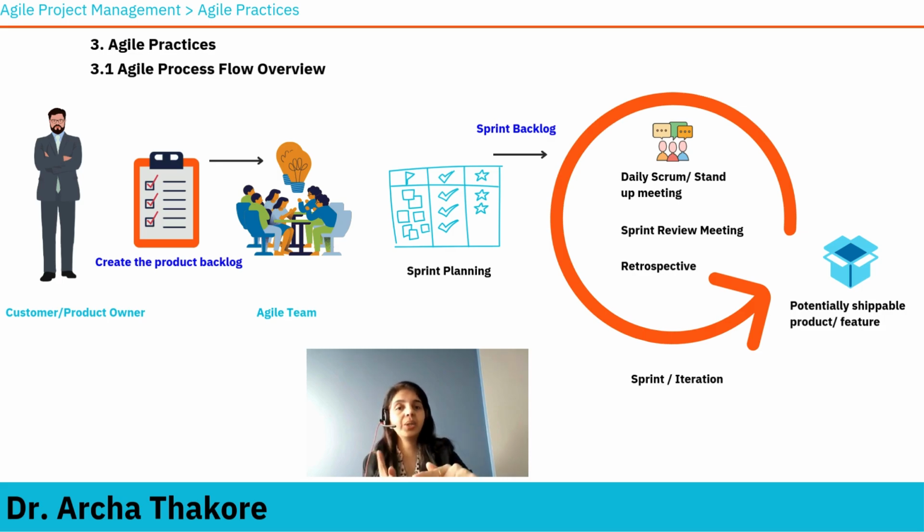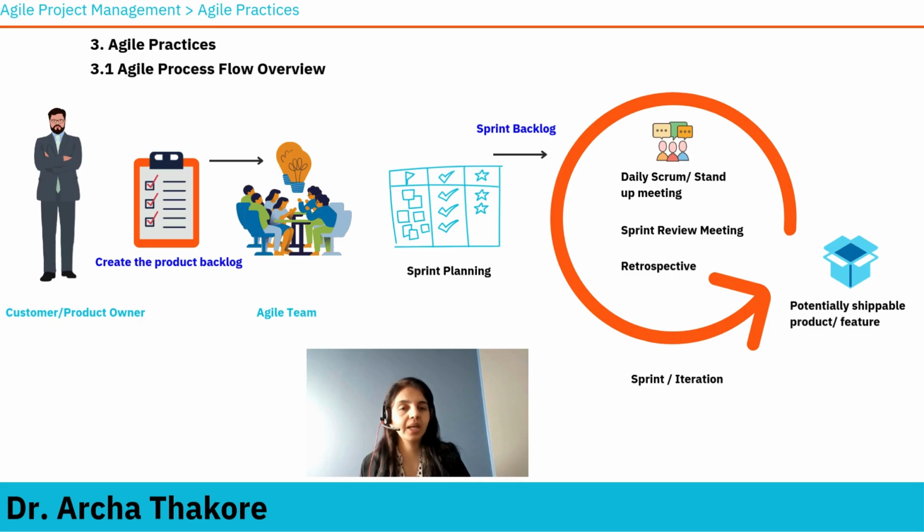Then from that 20, the team decided, okay, in our first time box, which is sprint, we are going to develop three of them. So those three come into your sprint planning. So that creates your sprint backlog. So there are two types of backlog: product backlog and sprint backlog. Backlog, don't get confused, is just another term for a to-do list. What do we need to do is your backlog.